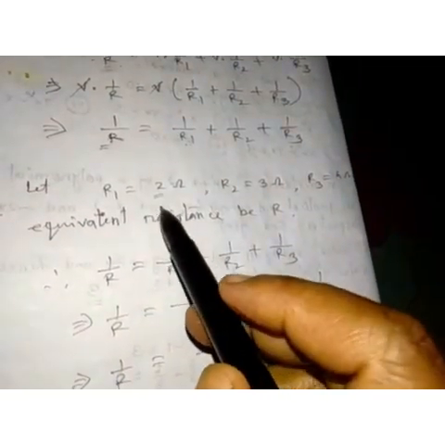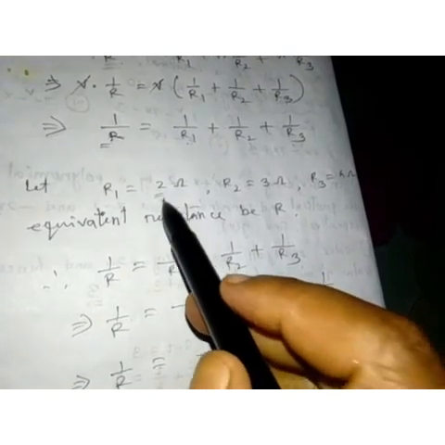Understood? Look here, the smallest is 2 ohm, and the equivalent resistance we get is 0.92. That means the equivalent resistance value is always smaller than the smallest individual resistance. But in series connection, you will always get a value greater than the greatest individual resistance. Understood?